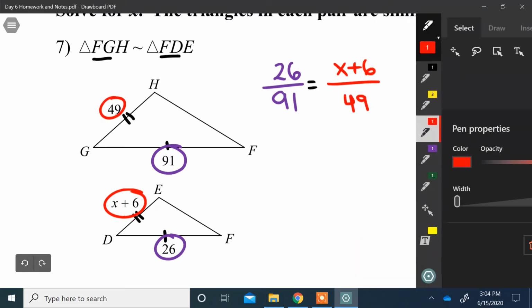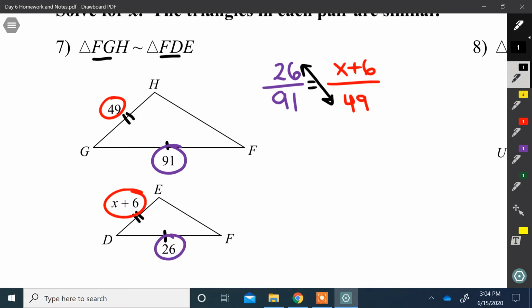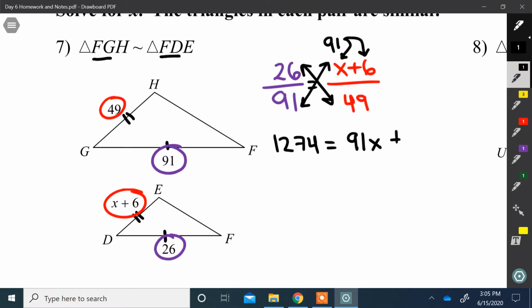Then we're going to play that game where we cross multiply. We're going to do 26 times 49. And this should feel like review because we did this last time. And then we're going to multiply 91 times x and 91 times 6. So we're going to get 91x plus, let's see, 91 times 6 is going to give you 546.